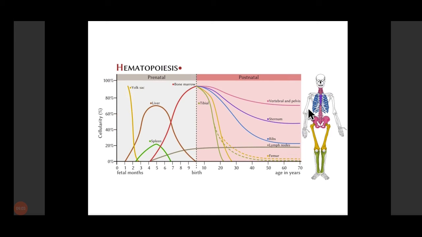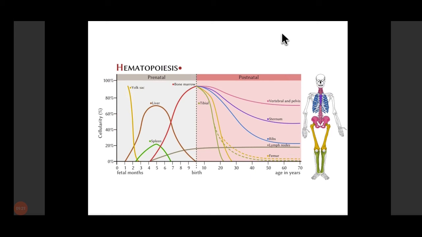I myself prefer the posterior superior iliac spine, but these are the sites from which bone marrow examination can be done. We will be discussing bone marrow examination and aspiration later on.